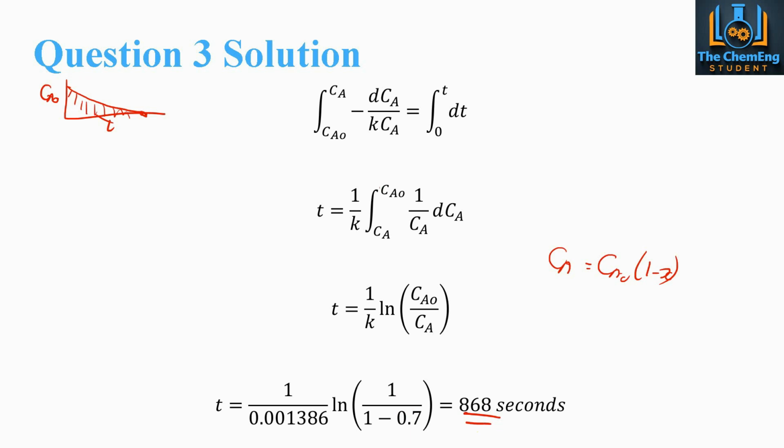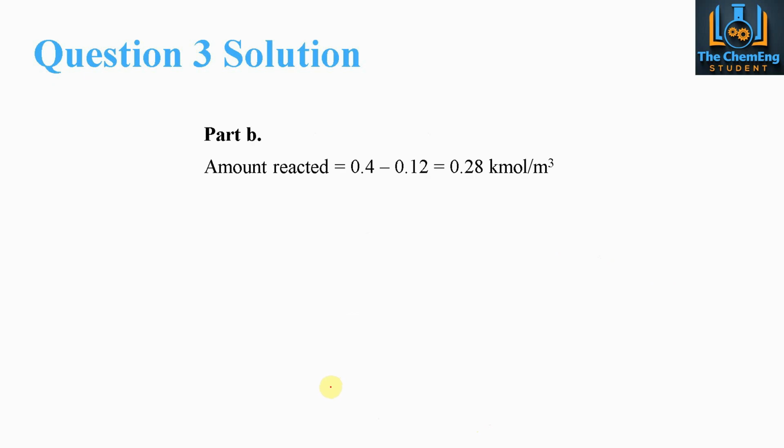So that is how you would go about solving for the reaction time for a given desired conversion. Again, we could test this equation for different conversions and see which one is the most appropriate.